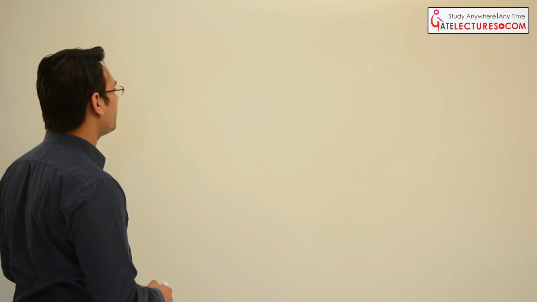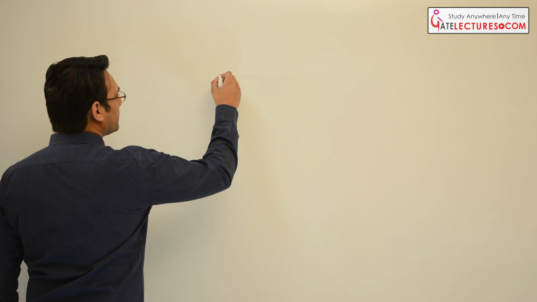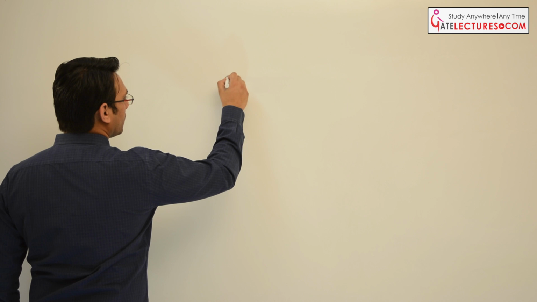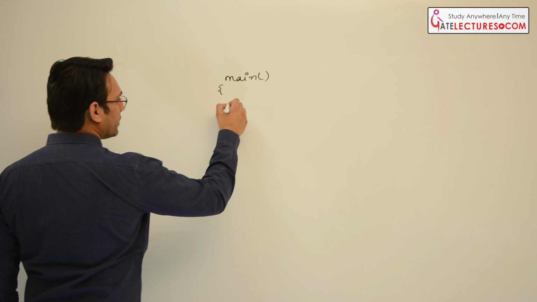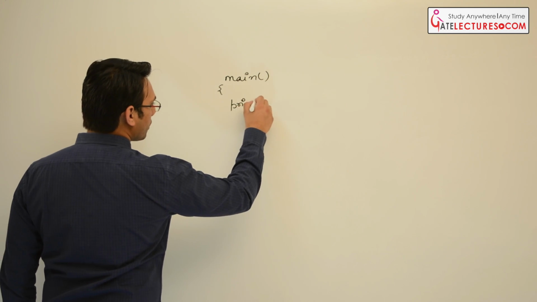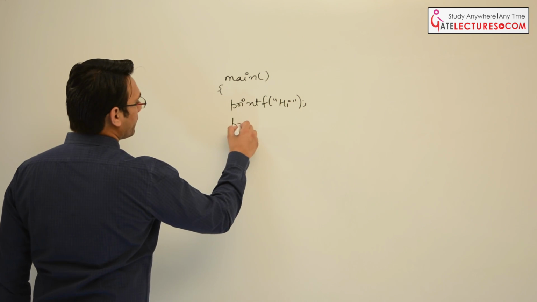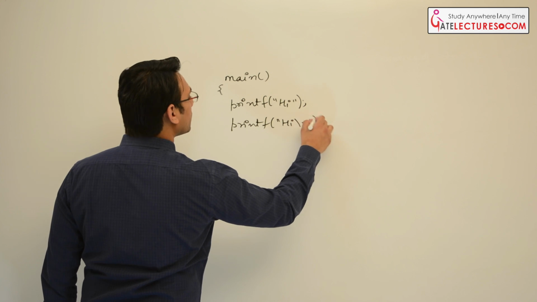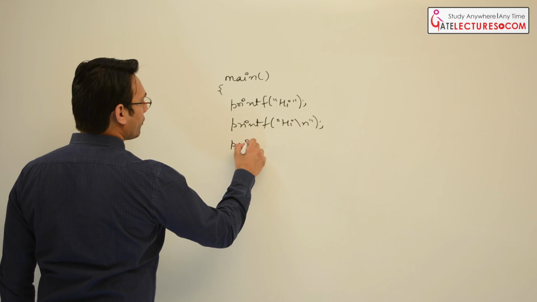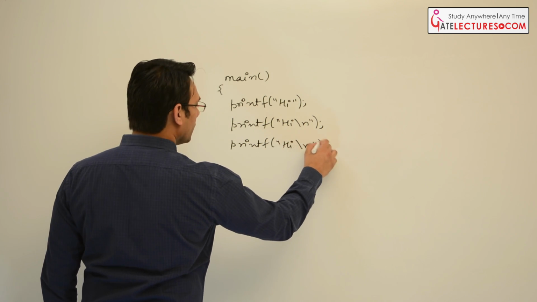Fine. Now let me write 2 programs here. Let us say we have one program P1, which has the main function. In the main function, I write printf hi, printf hi slash n, printf hi, and so on.